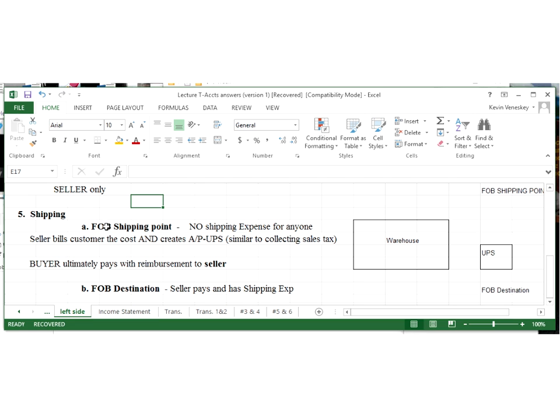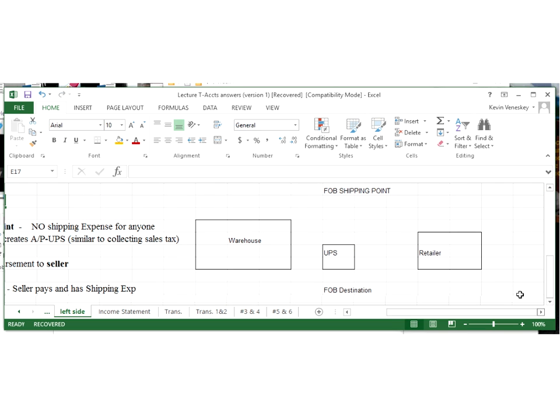How I like to think about it is free to the customer all the way until the shipping point. If I was to draw a little map, I've got the main warehouse, our delivery people, and then my store, the retailer. When it's FOB shipping point, think of it as free to me, the customer, all the way from the warehouse to the shipping point.